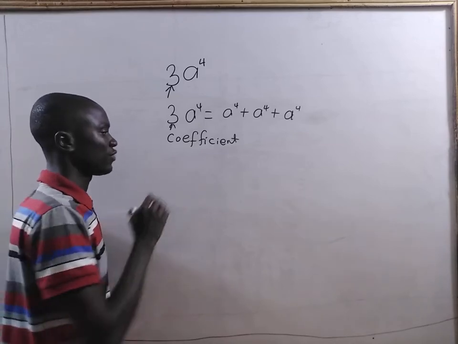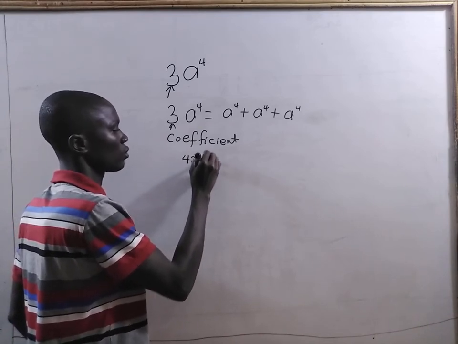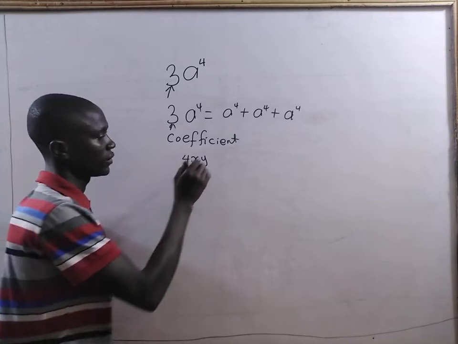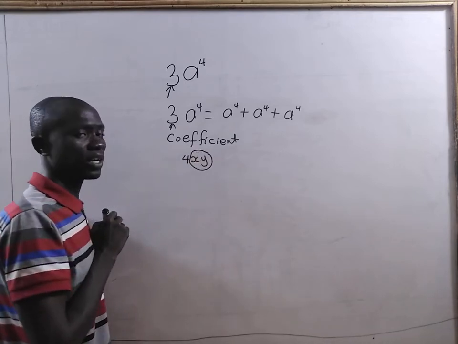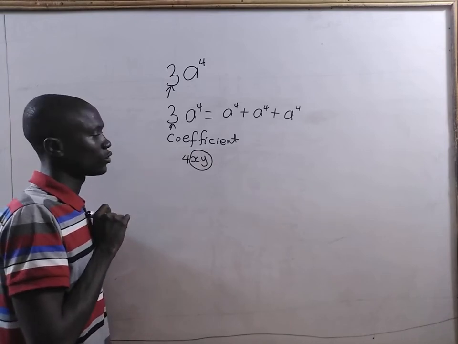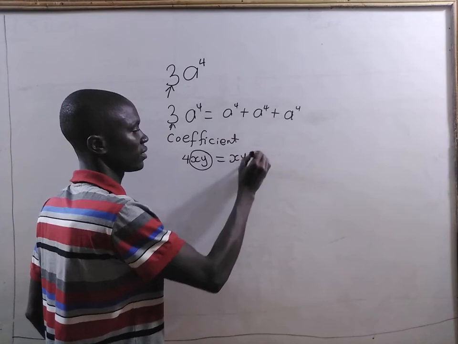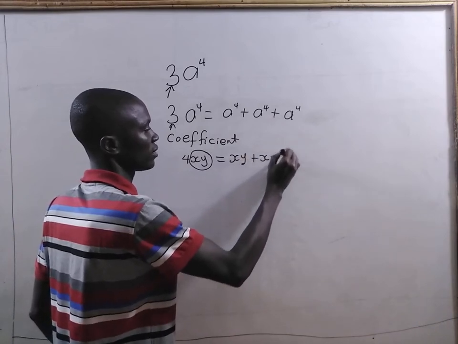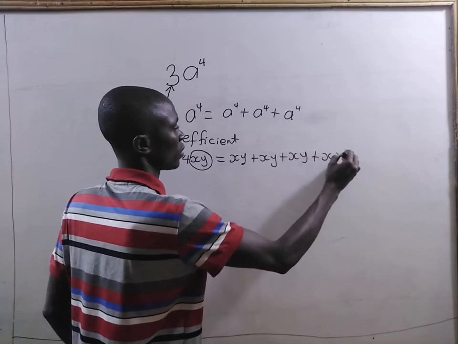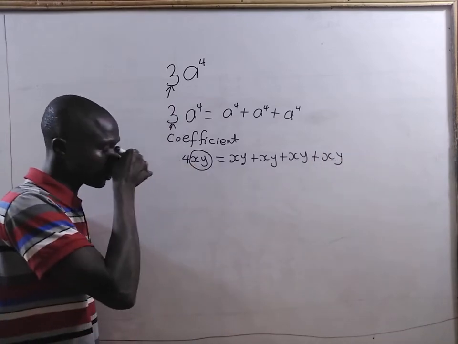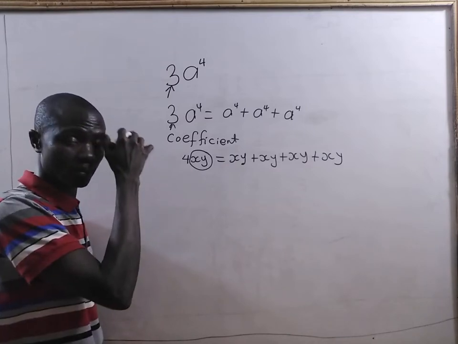So now, if I have, let's say, 4xy, the name of this variable is xy. So 4xy simply means xy plus xy plus xy plus another xy. That is, xy has been added to itself 4 times.